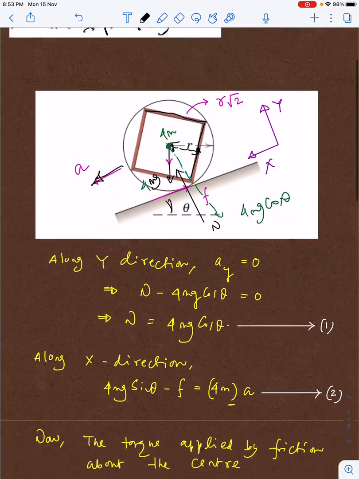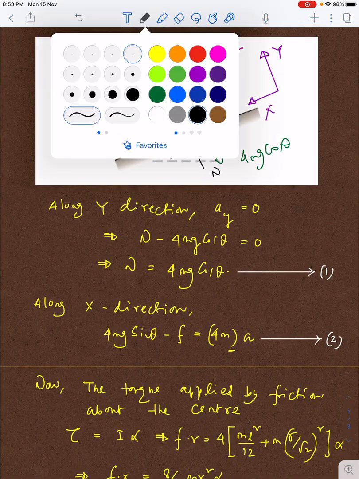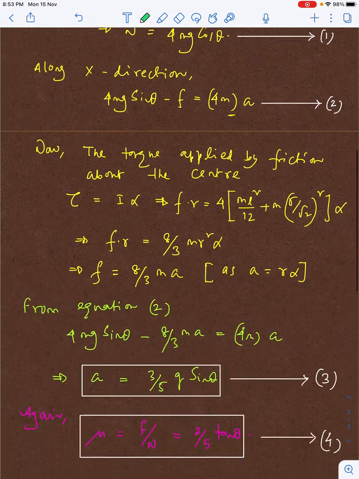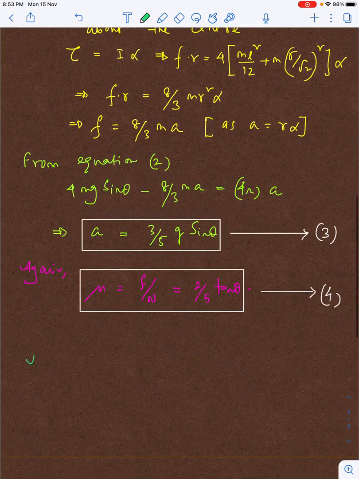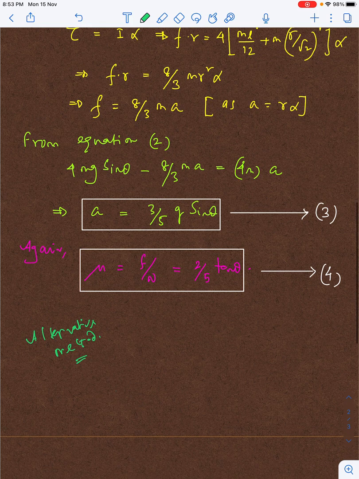Now this is a very simplistic kind of thing, but I will leave you with one question here that you have to think about and let me know in the comment box. As we know, there is an alternative method, especially those who study JEE under the guided brick and mortar system know that we can apply the formula mu is equal to c by 1 plus c into tan theta, where c is a constant. Here in this case we can see that I is coming to be 8 by 3 m r square, so c is supposed to be 8 by 3.